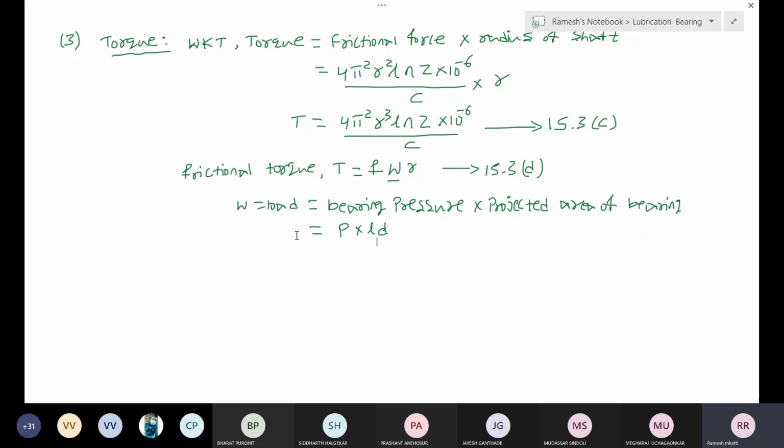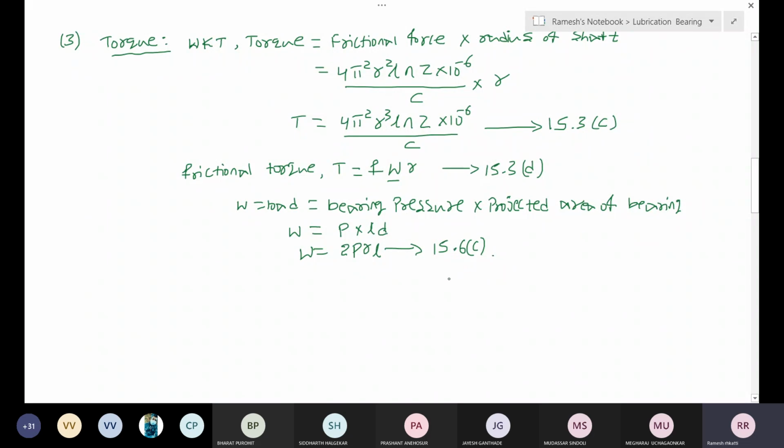This is W. This can be rewritten: we can replace the diameter as 2r. Therefore, it is 2 P r into L. This equation is also there in your data input. It is 15.6c.